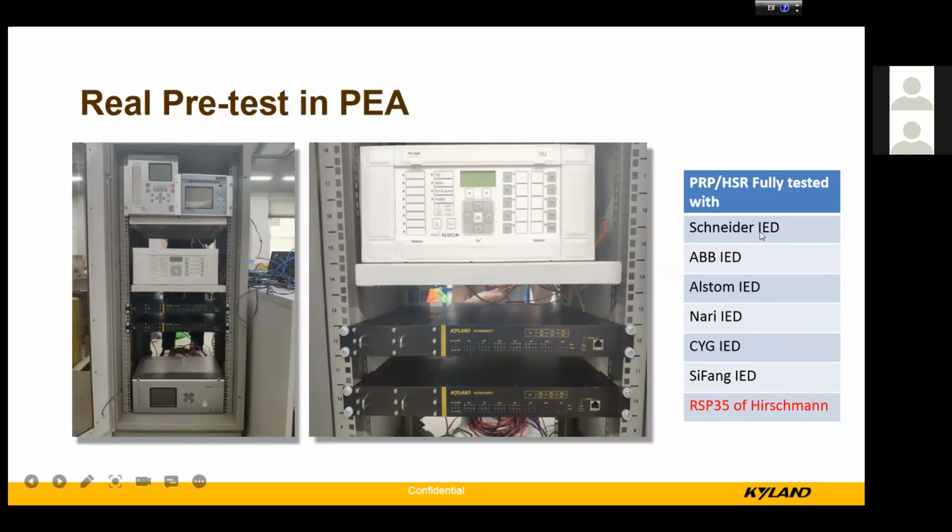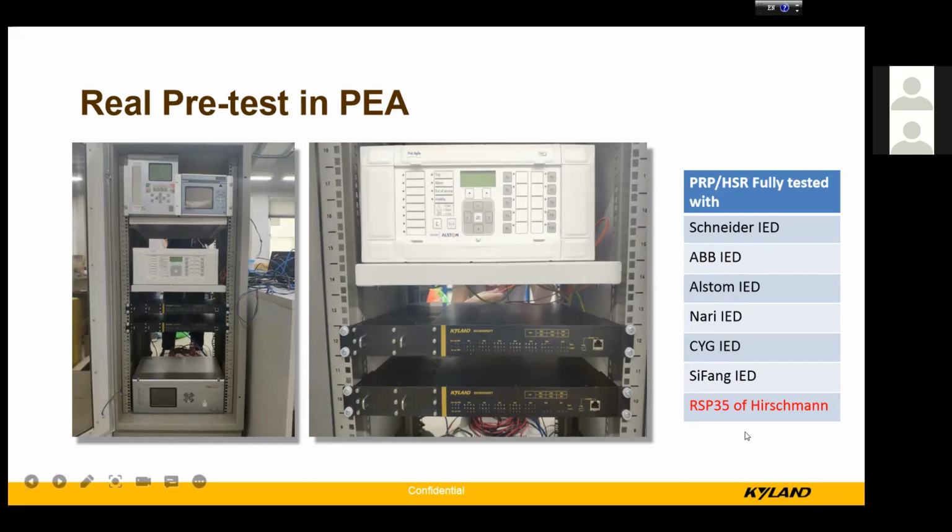We also have many tests with these vendors, and most of them used our KYLAND switch to cooperate with their devices in the substation. So we had many competitive tests on the PRP and HSR protocols with the devices. We tested with Schneider, ABB, Alstom, and Nanri, CYG, Sifang.